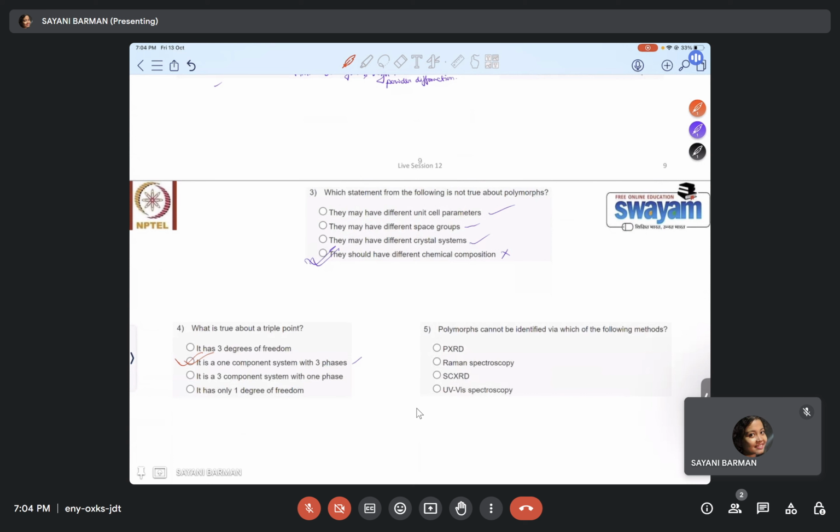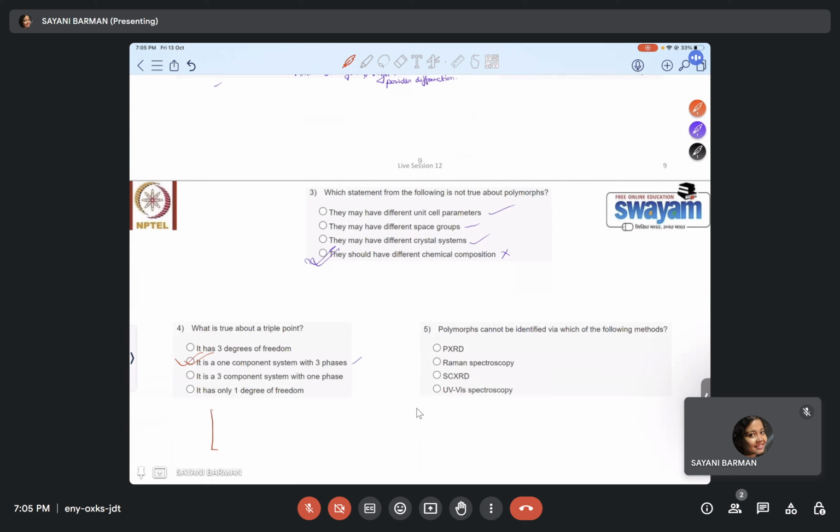It doesn't contain three degrees of freedom, or a three component system with one phase, or only one degree of freedom. No. So we'll just draw a phase diagram.